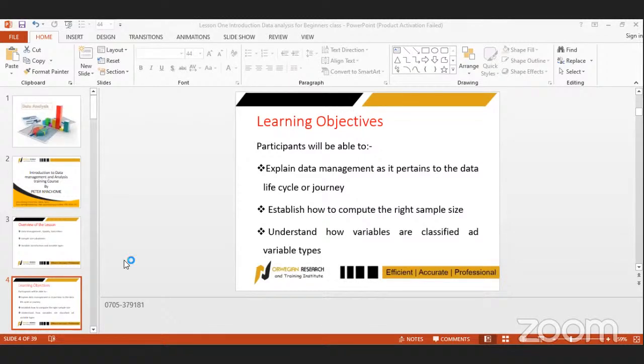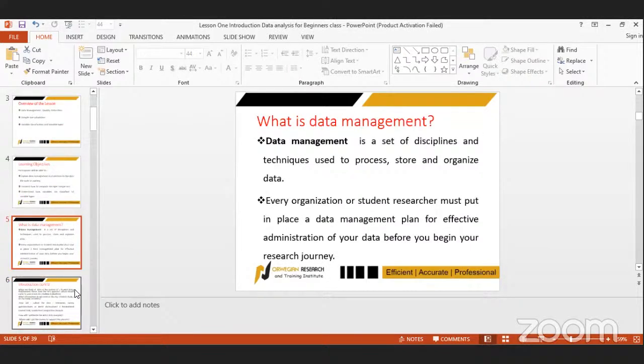Okay, these are the objectives that we want to accomplish in our class today.